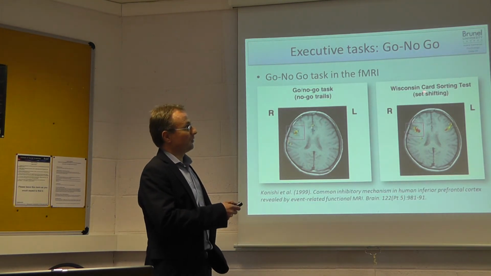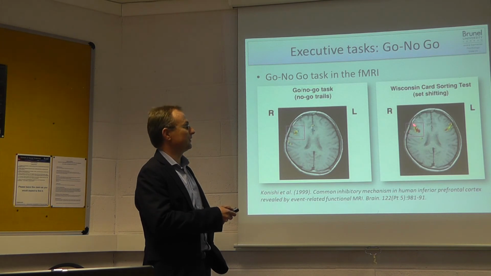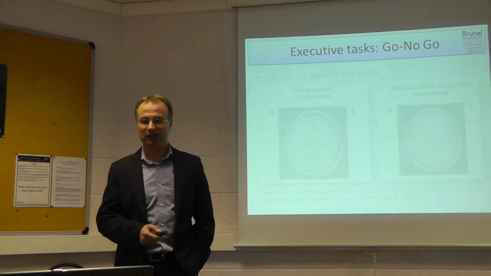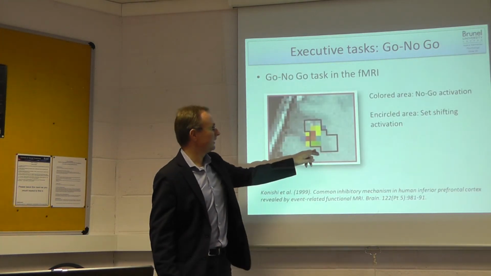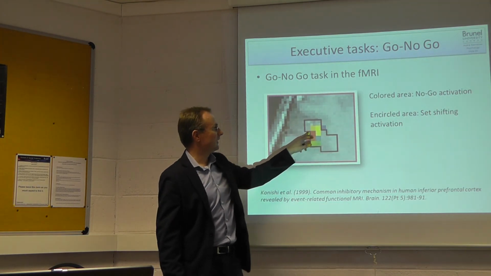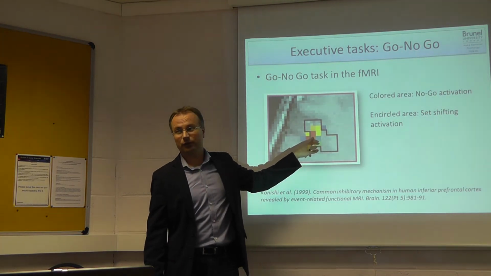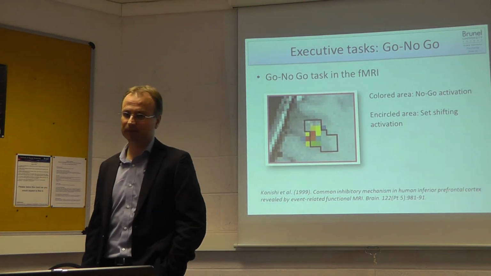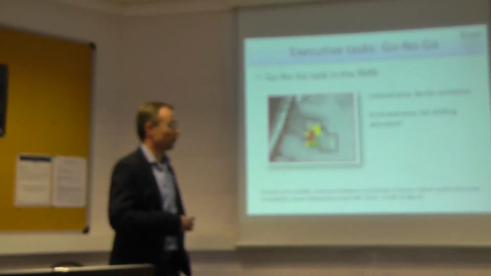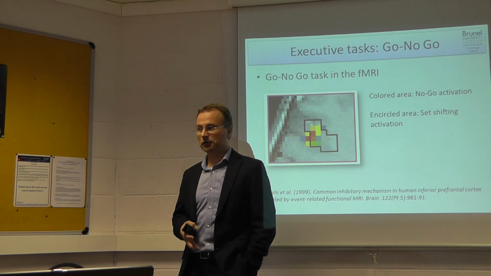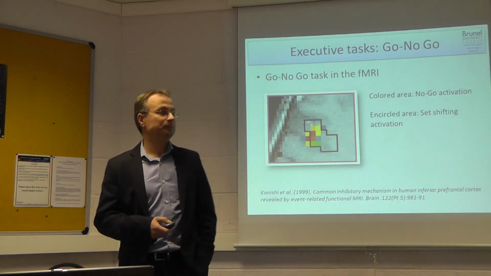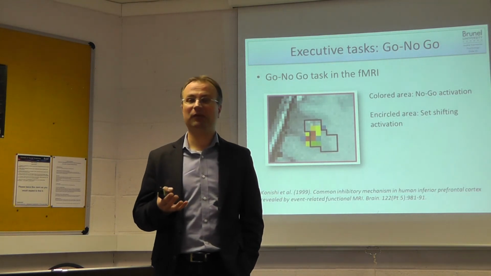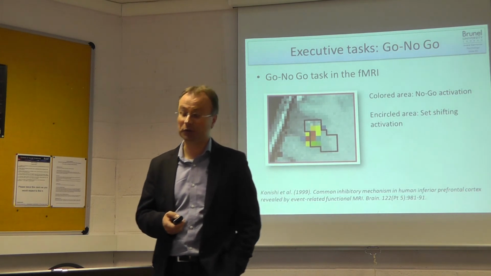When you have to do this shifting, you find an activation which is pretty much comparable to the other activation. This is the overlap in detail. The colored pixels are from the go-no-go task, and the encircled area is from the Wisconsin card sorting test, the set shifting. So we find a very striking overlap of the two areas, and we can conclude that in the Wisconsin card sorting test, we have the same type of inhibition as in the go-no-go task.